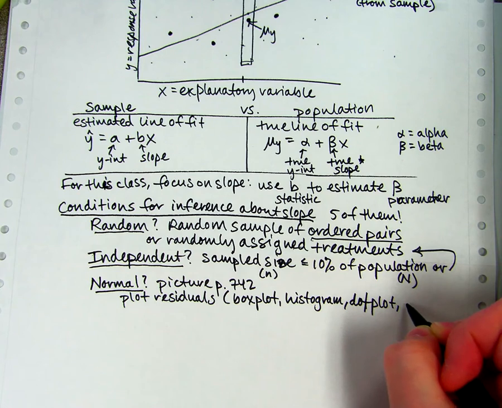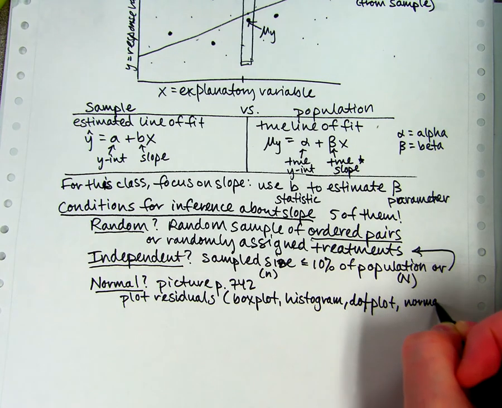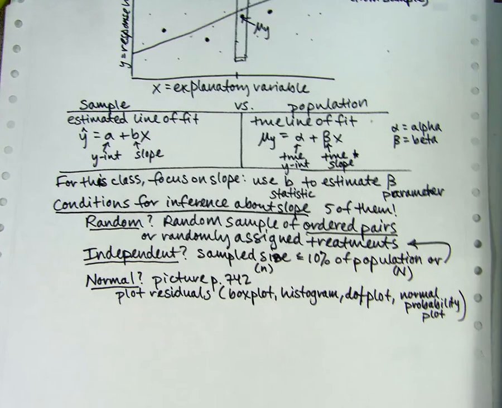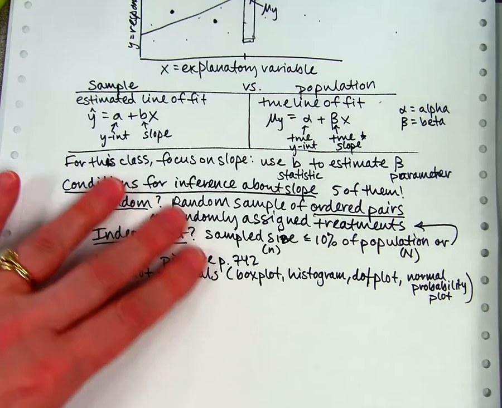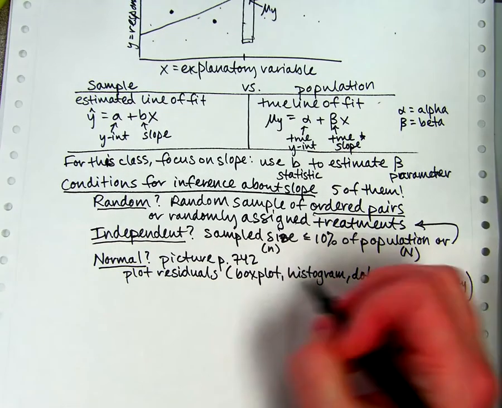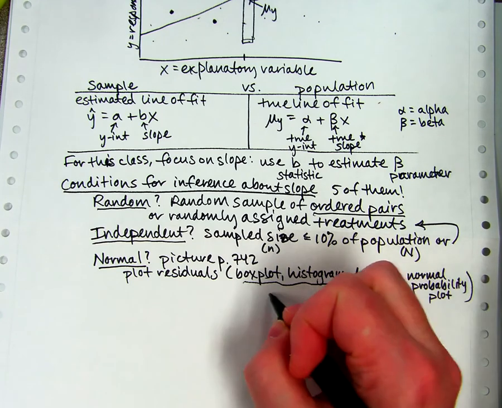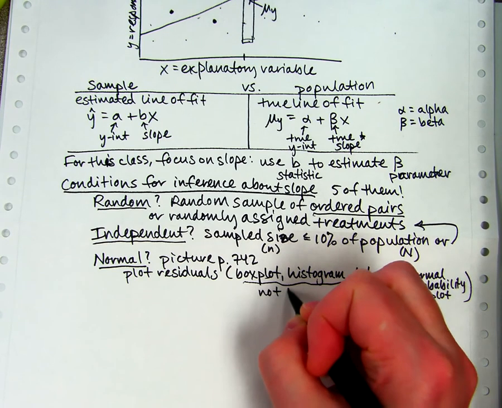Sometimes we use a normal probability plot for this, which we've seen before, but it's a little bit weirder. And we're looking for evidence that the residuals come from a normal distribution. So these three, we're not going to be super picky, but we're going to look to see if any one of these three is not too skewed.